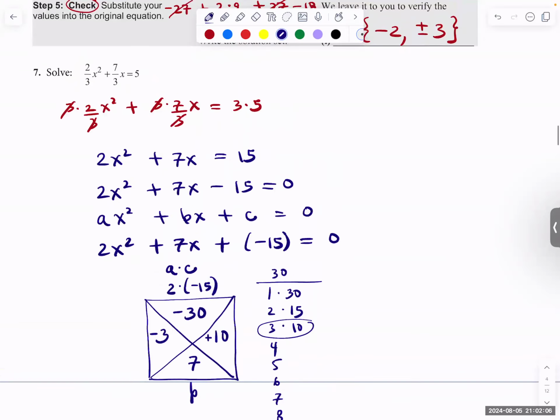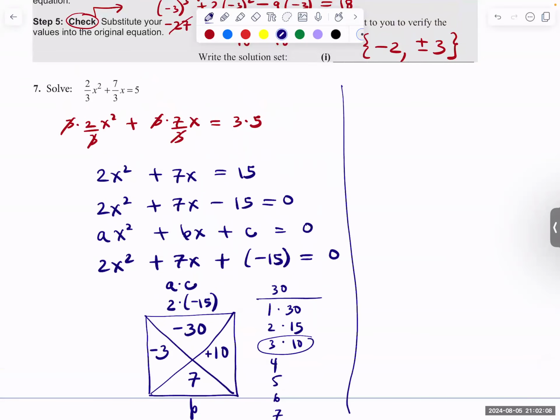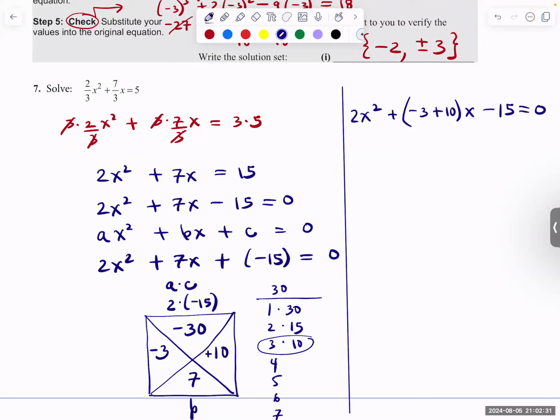So let's continue with the AC method. We have 2x squared, and we're going to replace 7 with negative 3 plus 10, because that equals 7, multiplies x, minus 15 equals 0.